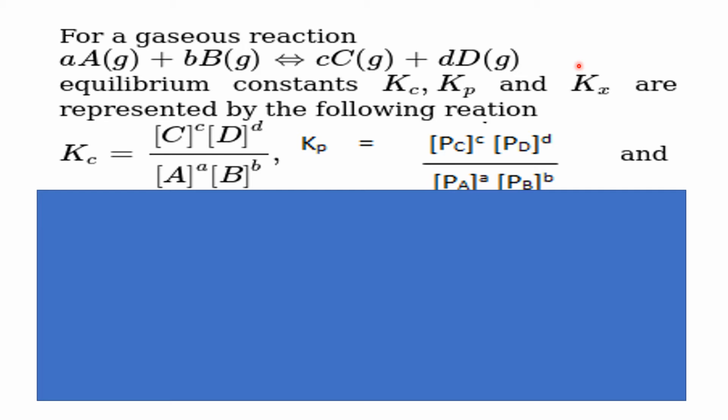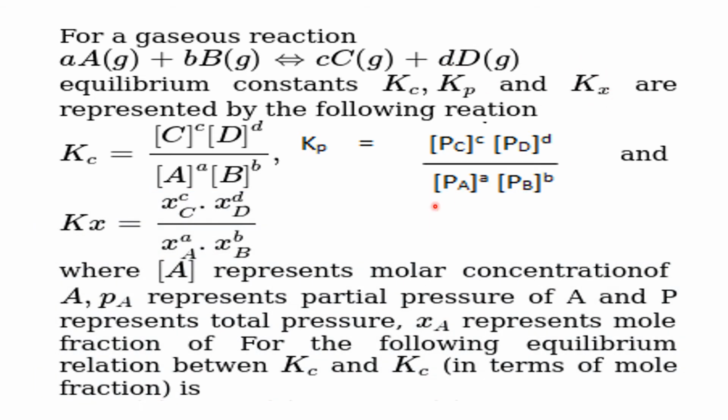So we are considering the mole fraction of A, B, C and D. In any such reaction at equilibrium, we use the term Kx, and Kx is equal to mole fraction of C raised to c into mole fraction of D raised to d, divided by mole fraction of A raised to a into mole fraction of B raised to b.